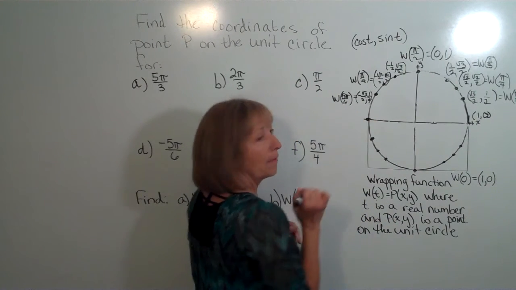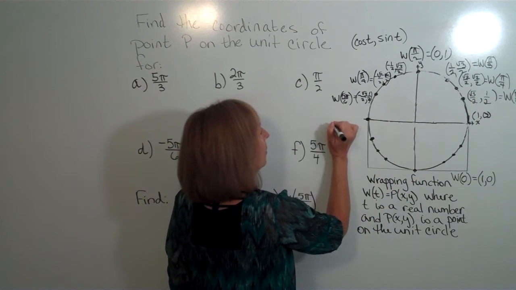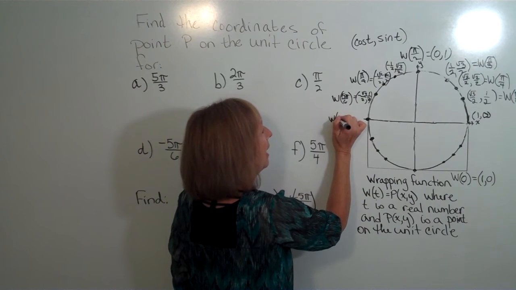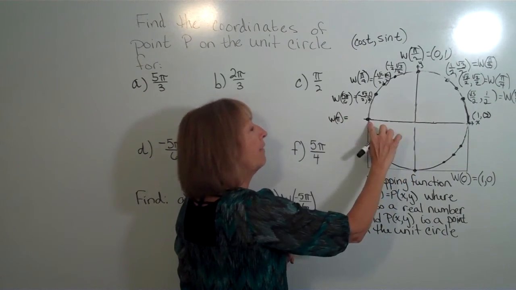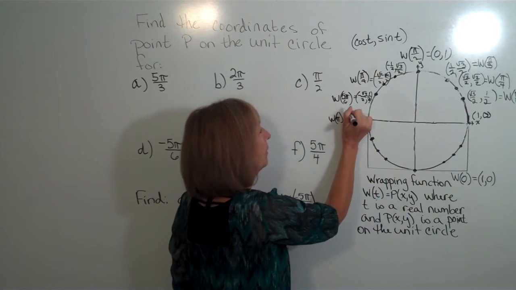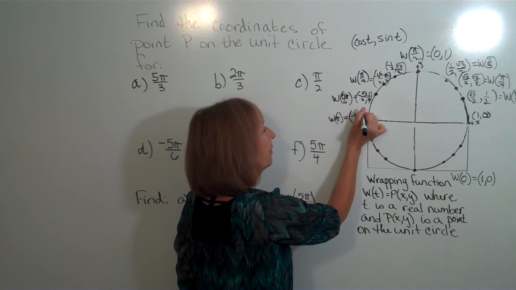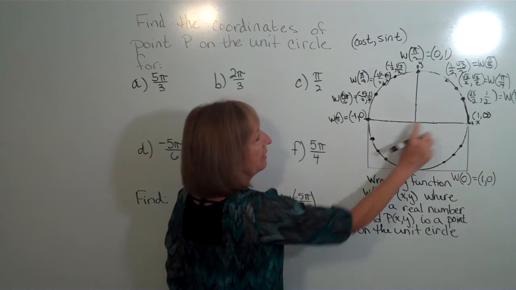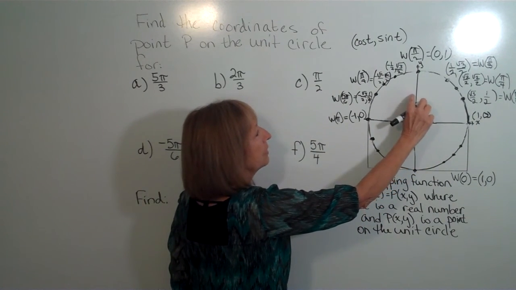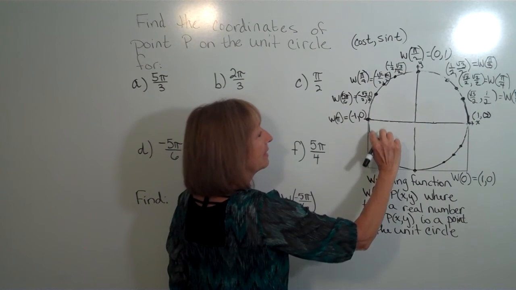How about for pi? Well, my wrapping function for pi, well, just think, from the origin, I'm going to go left 1 and none up or down. So that's negative 1, comma, 0. This one is 1/6, 2/6, 3/6, 4/6, 5/6, 6/6, 7/6.